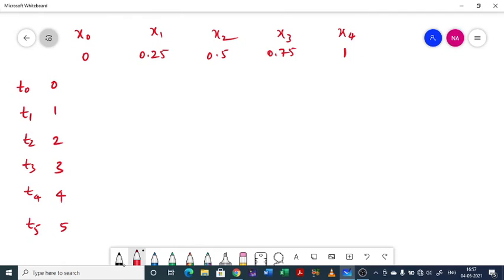So boundary conditions. Given u of 0 comma t equal to 0, so that means for any value of t you will be having u of 0 comma t equal to 0, so this column is 0.